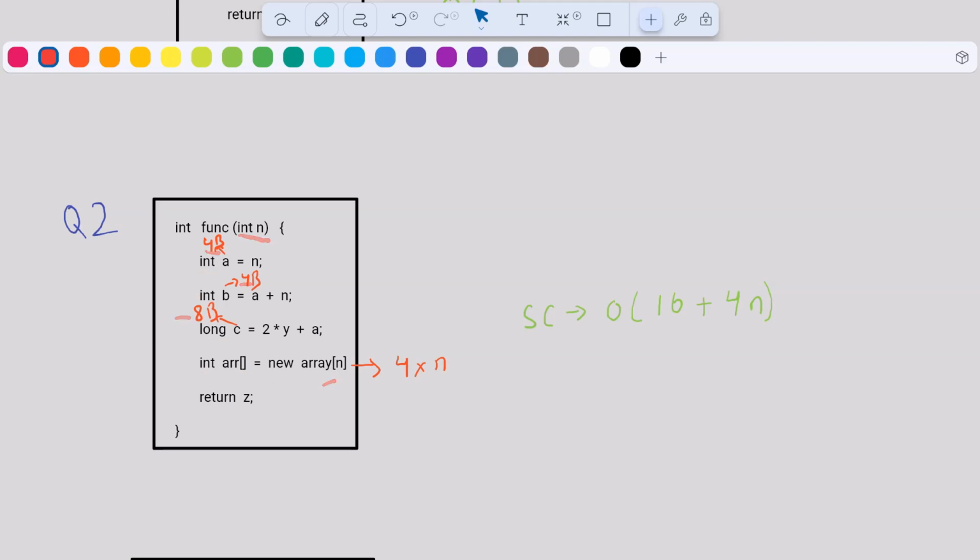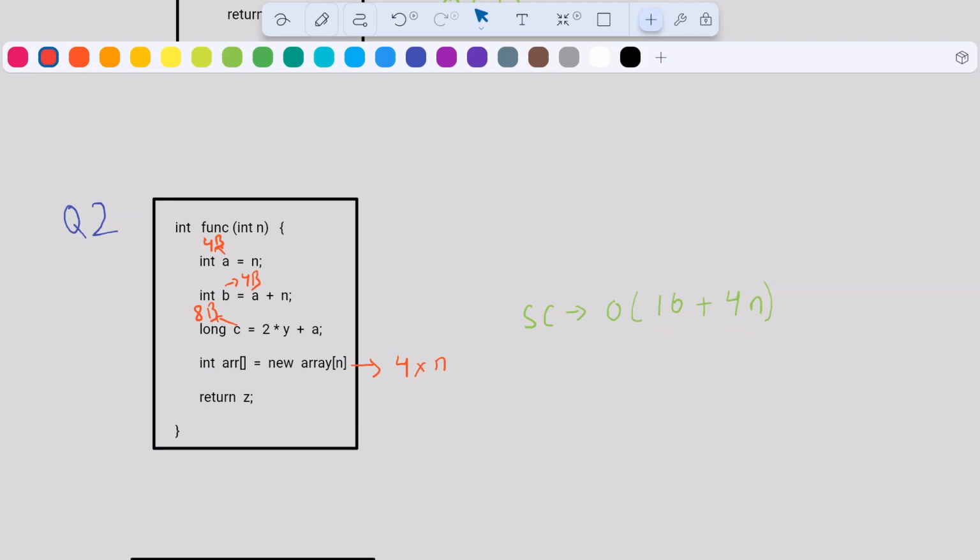But for this array it is based on the value of n. So the space allocated for this will be 4 into n, where n is the input given over here. So what will be the space complexity for this? It will be 16 added to 4 into n.